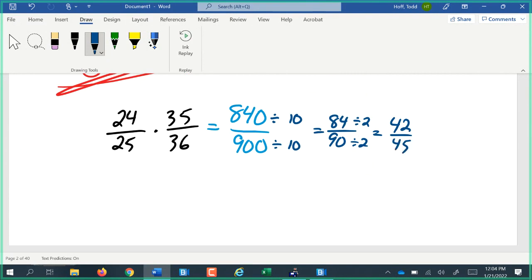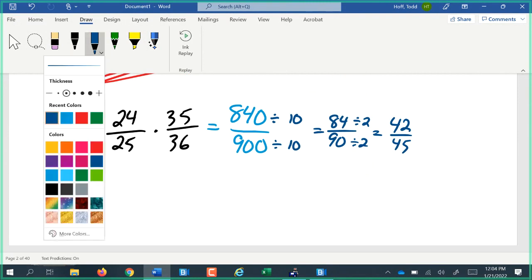And they can't be divided by 2 anymore because the 45 is odd. 45 can be divided by 5, but of course 42 doesn't end in a 0 or 5, so we can't divide by 5. They can both be divided by 3. There's a little trick there. If you add the digits, 4 plus 2 is 6.